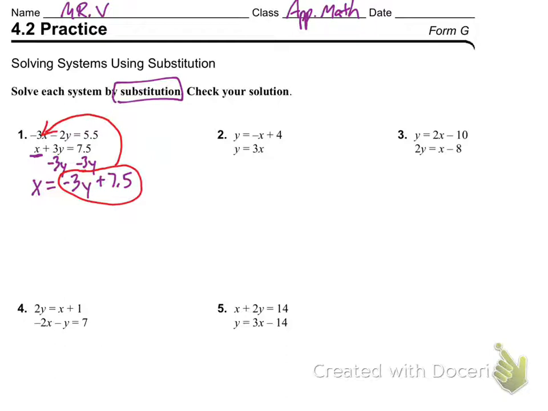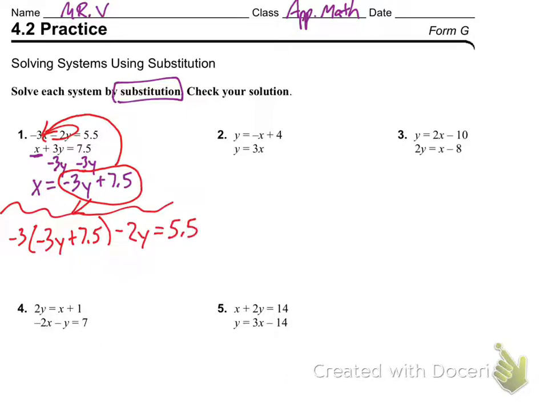So that would look like the negative 3, then bring this down to negative 3y plus 7.5. Then I gotta keep this minus 2y equals 5.5.